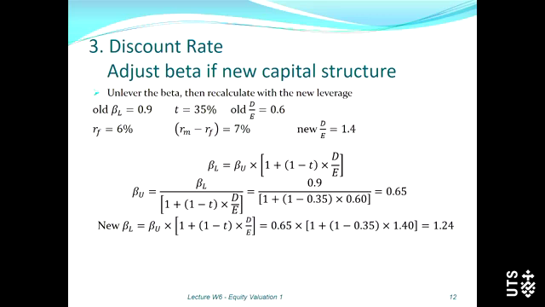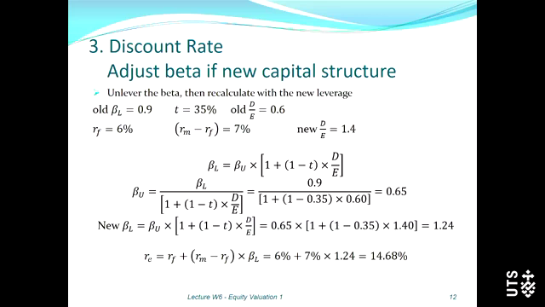With this new beta, and since we have the risk-free rate and the risk premium, we can calculate the expected rate of return for shareholders, which is going to be 6% risk-free rate plus 7% times 1.24.